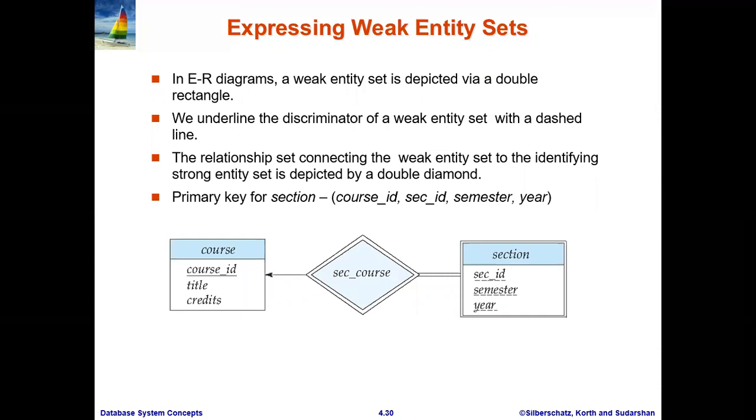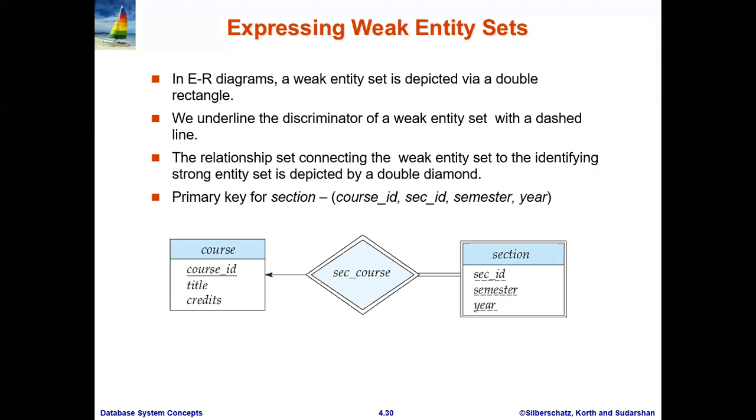If you can see the figure, course is one entity, section is one entity. Course will have course_ID, title, credits. Section will have section_ID, semester, year attributes. And there is a relationship set present between course and section.